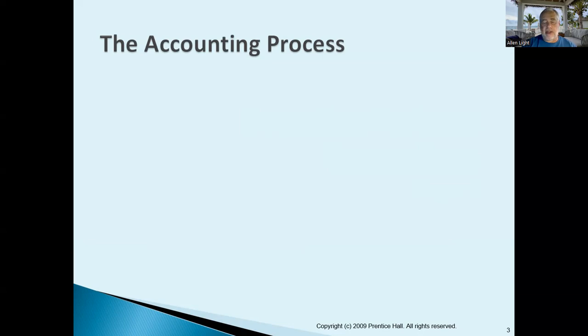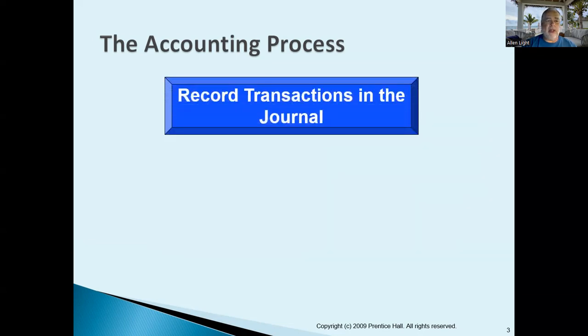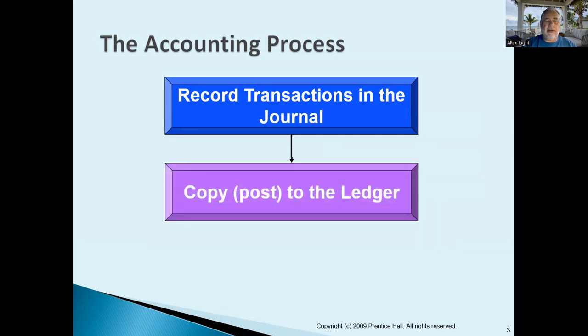At various intervals, the transactions are posted to the ledger. We'll talk about what the ledger is in a little bit. The ledger is kind of like a book that summarizes all of the different accounts. So there's recording transactions in the journal, and from there, we copy them to the ledger. And in the ledger, as we said earlier, each page is an account.